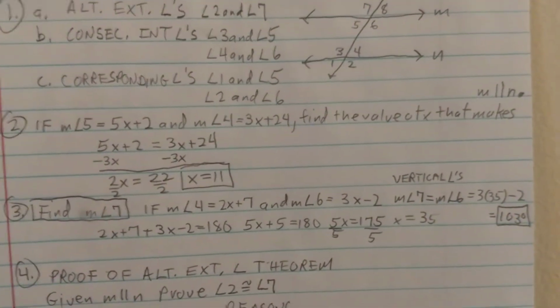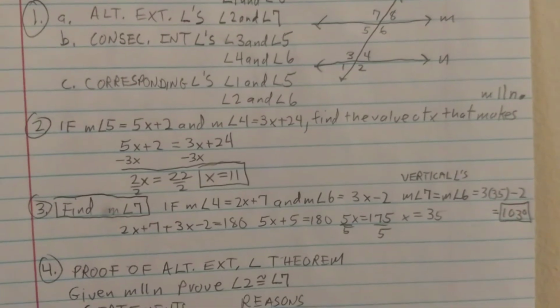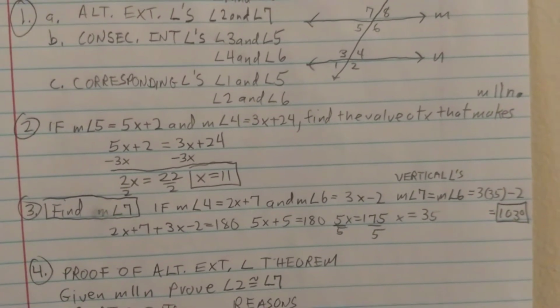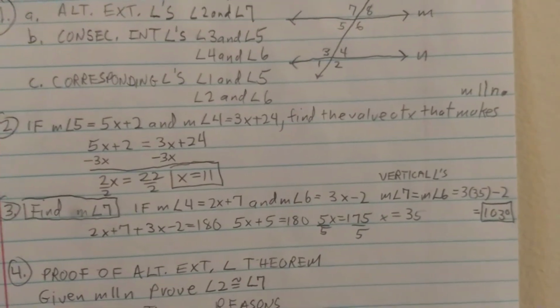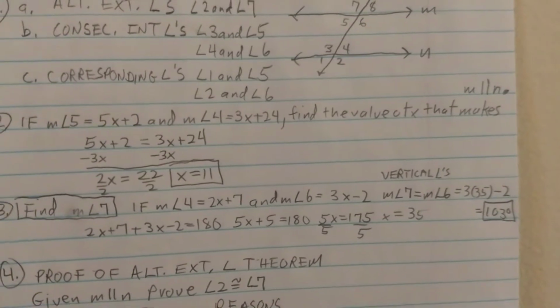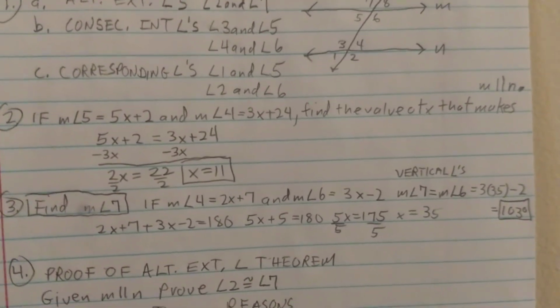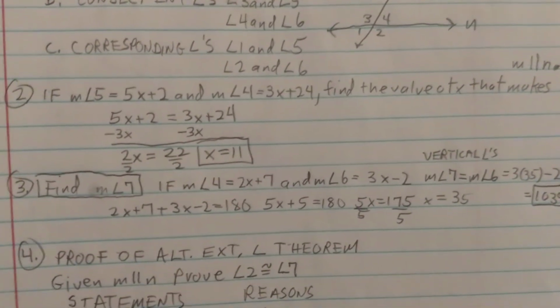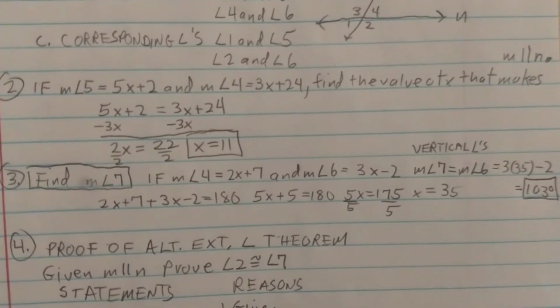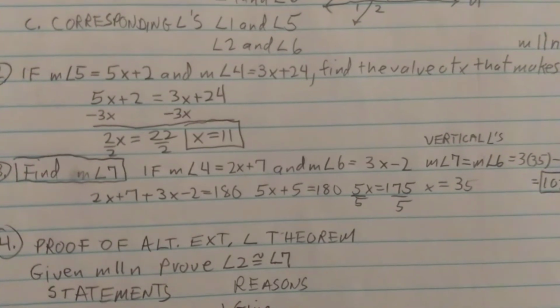Now on the same angles, find measure of 7 if measure of 4 equals 2x plus 7, and measure 6 equals 3x minus 2. Those would be consecutive interior angles, which would be supplementary. So 2x plus 7 plus 3x minus 2 equals 180, or collecting terms, 5x plus 5 equals 180.